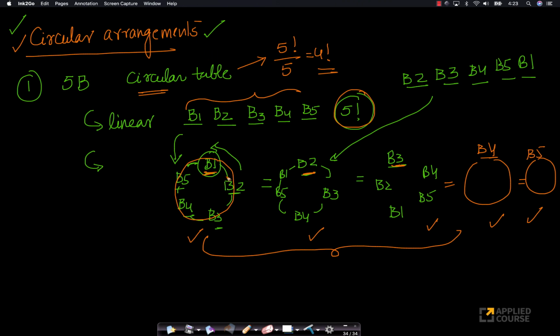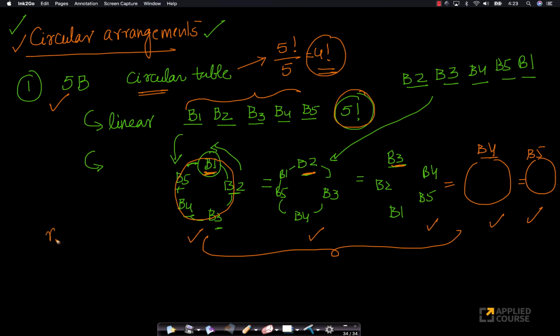Remember, in circular arrangements, this is considered equivalent to this, which is considered equivalent to this. If you rotate it, whatever you get is considered equivalent in circular arrangements. This is the tricky and interesting part. This is a very simple example. Again, I know some people who remember this formula by heart.